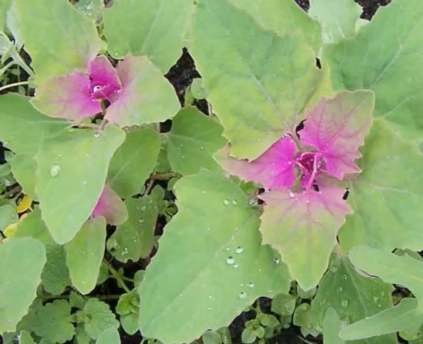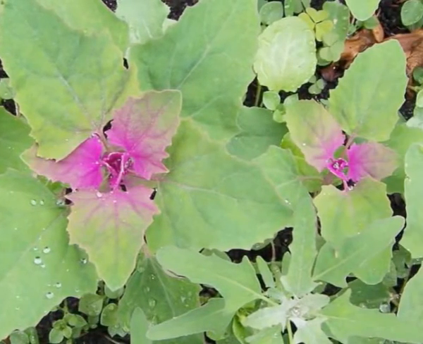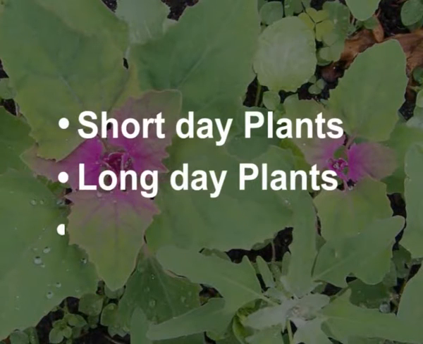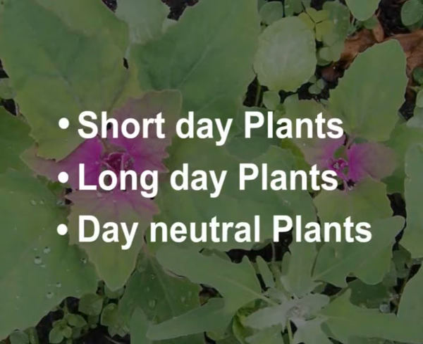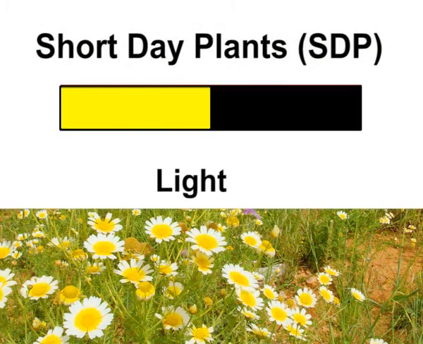Photoperiodic flowering plants are classified into three types. These are short-day plants, long-day plants, and day-neutral plants. Let us discuss these types one by one. Short-day plants, SDP, flower when the day length is less than a certain critical length, say 12 hours.